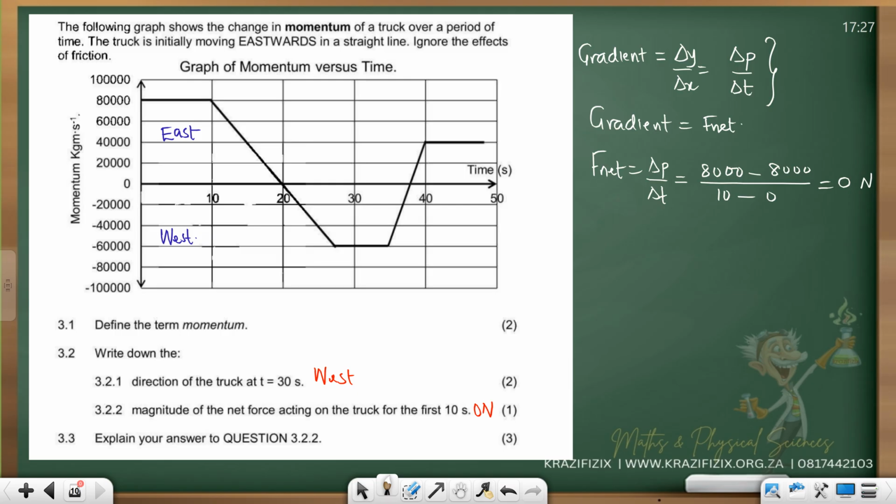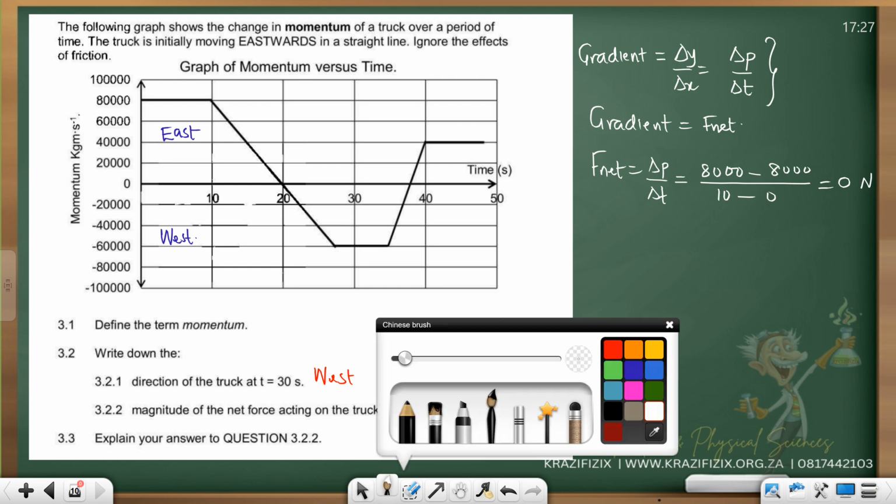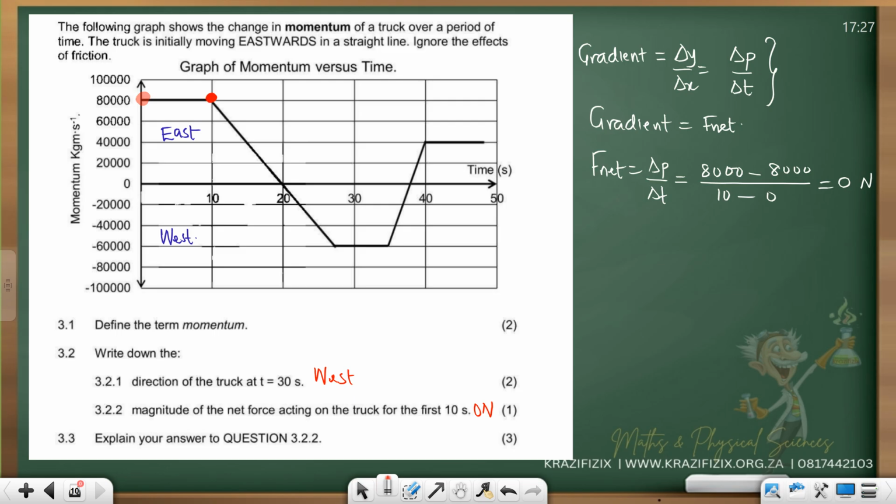I don't know, did that make sense to you? F net is change in momentum. So for the first 10 seconds, I'm looking at final minus initial, and that is 0.